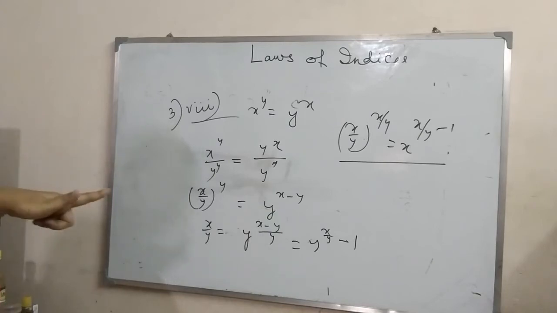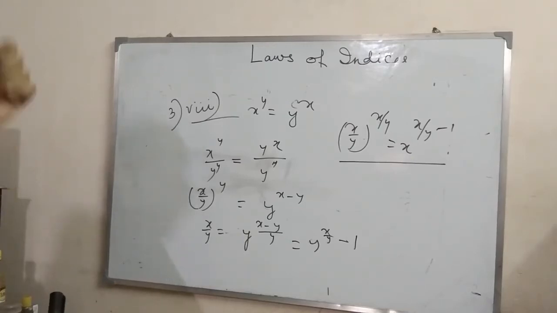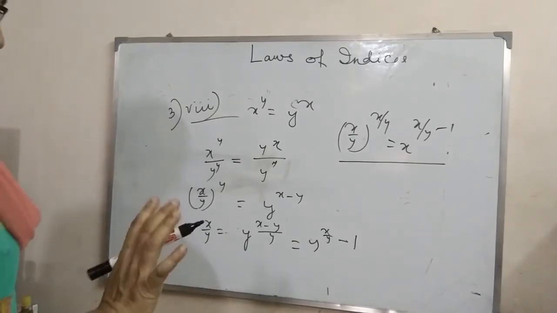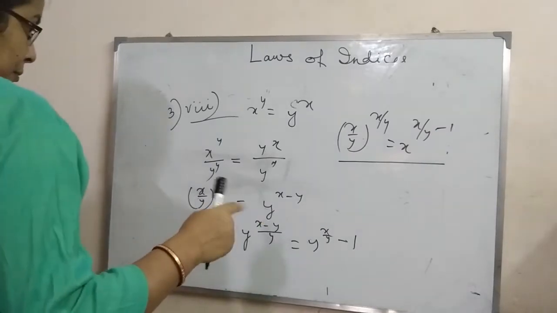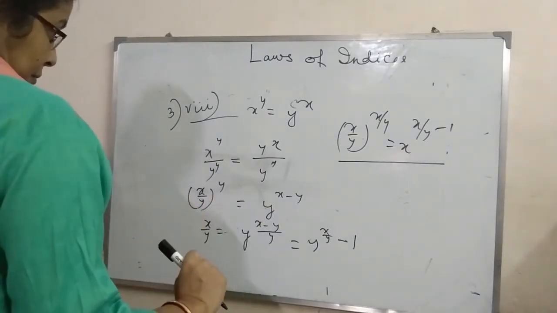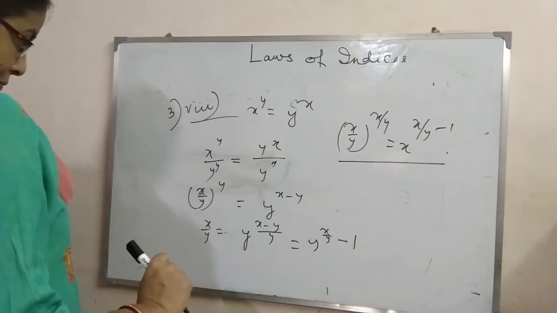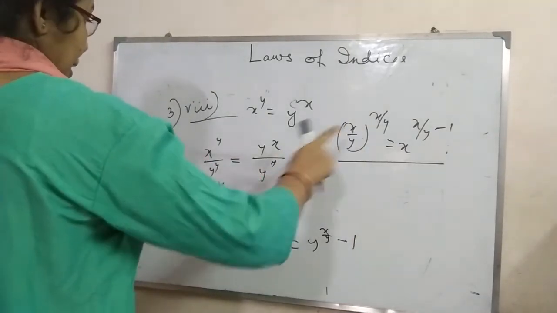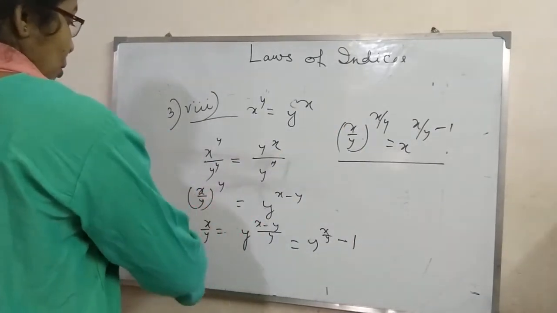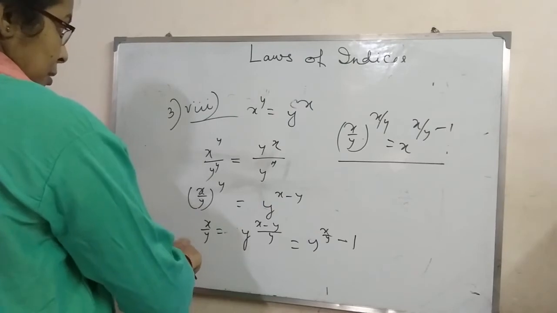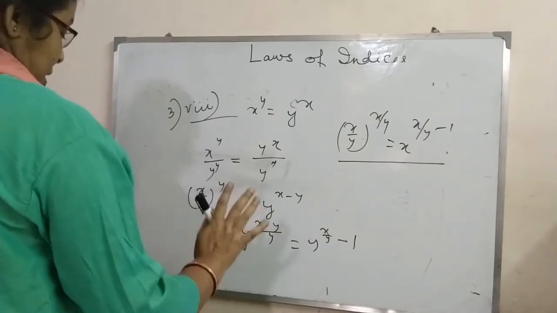This is equal to x by y equal to y to the power x minus y. (x by y) whole to the power x by y.